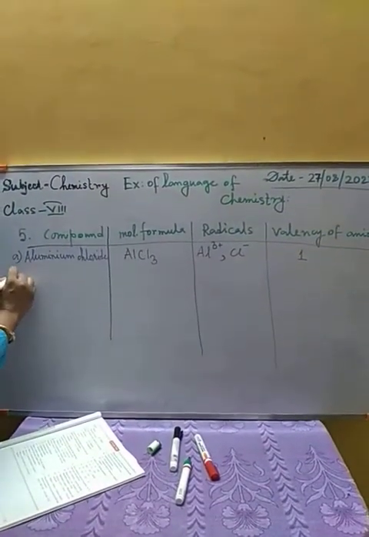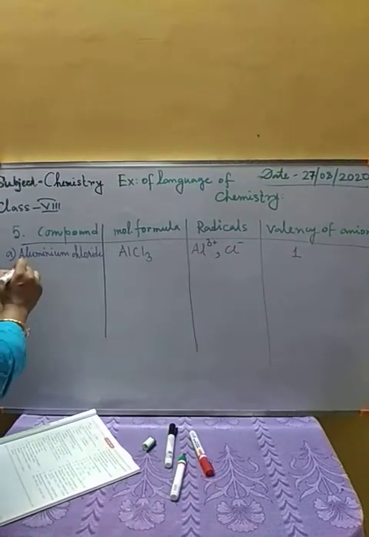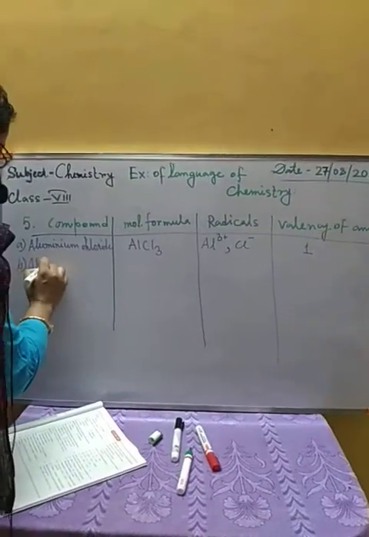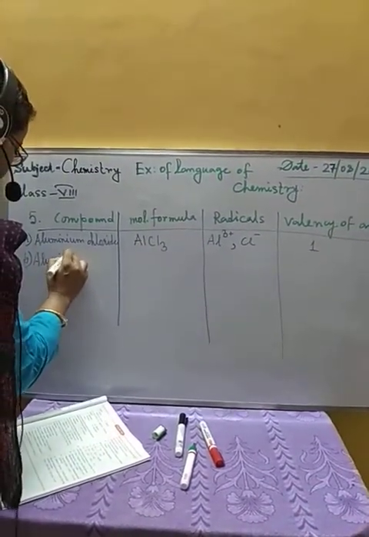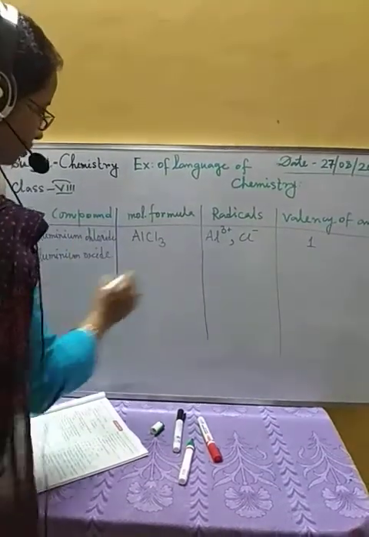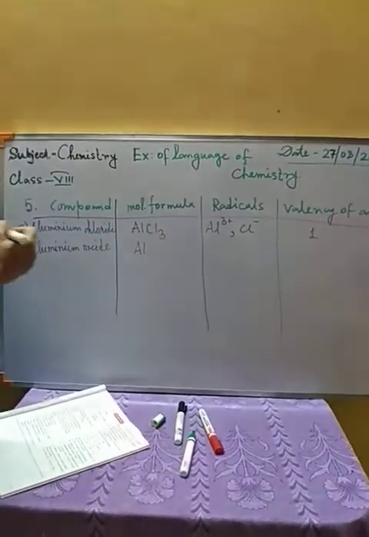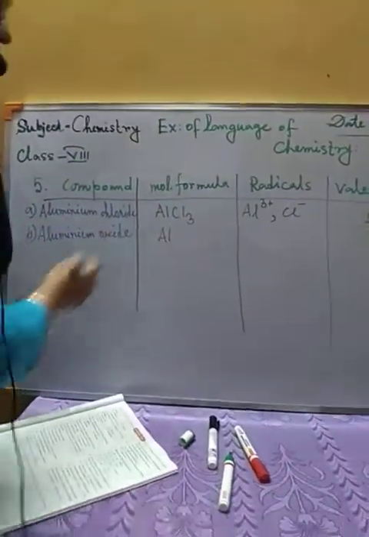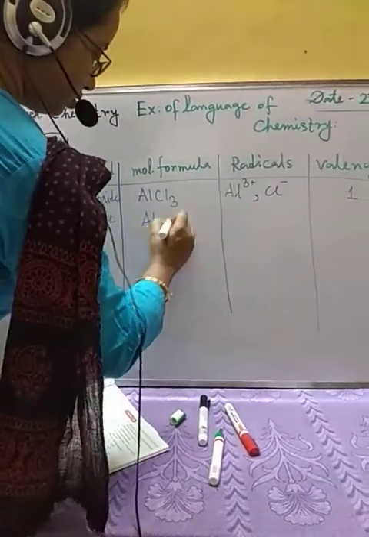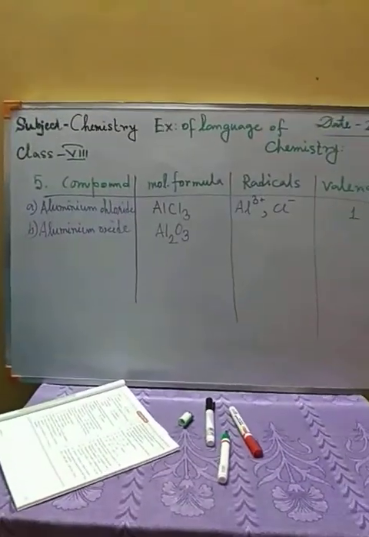Next, number B, that is aluminium oxide. Oxygen's valency is 2, we know. Aluminium's valency is 3. So we just have to cross it. So Al2O3 will be the molecular formula of the compound.